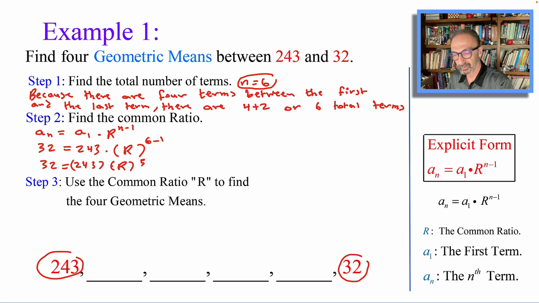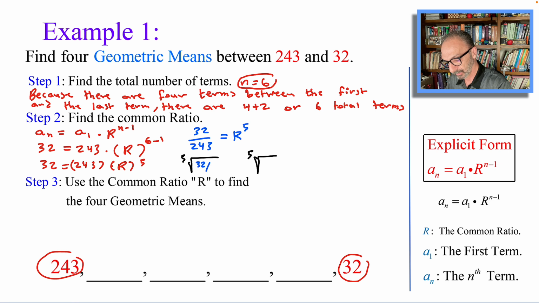Dividing both sides by 243, I will have 32 divided by 243 equals r to the 5th. Taking the 5th root of both sides to solve for r, I will have the 5th root of 32 over 243 equals the 5th root of r to the power 5.